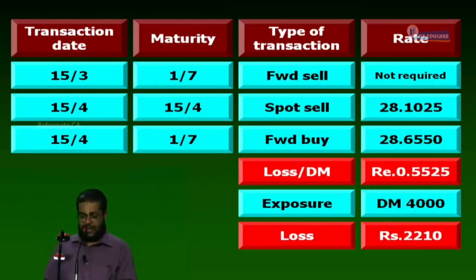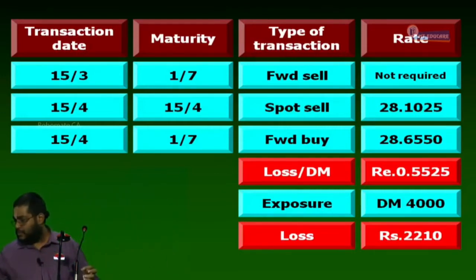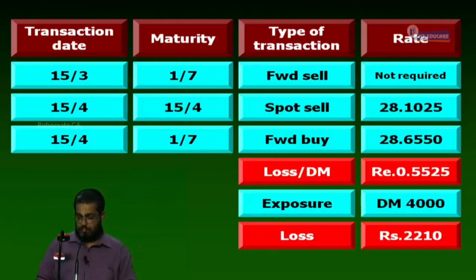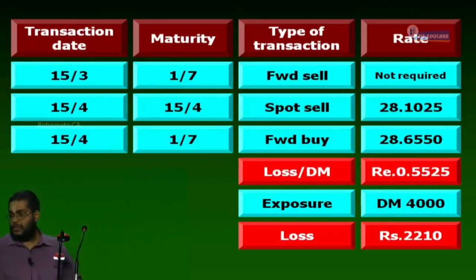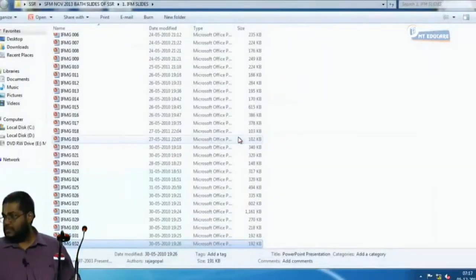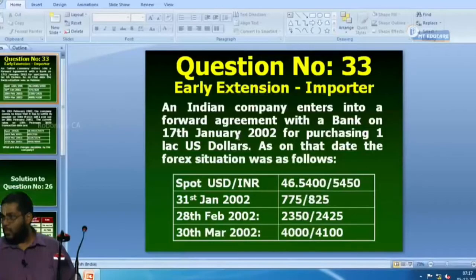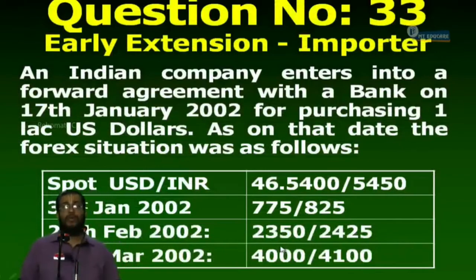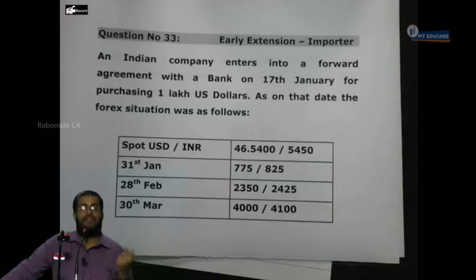Now, take question number 33. Indian company enters into a forward agreement with the bank on 17 January for purchasing 1 lakh US dollar.